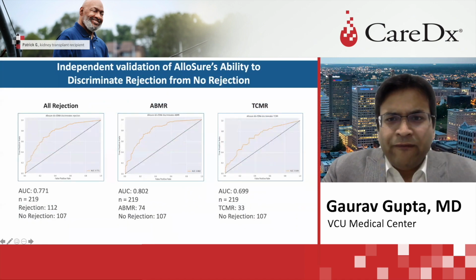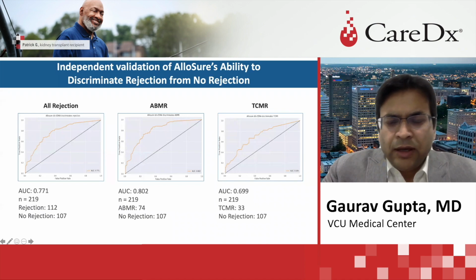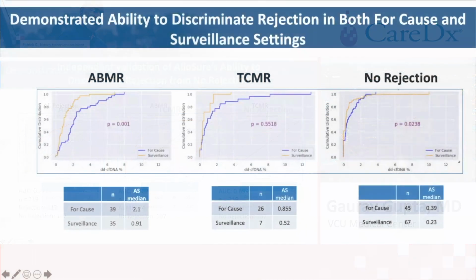So here we validate the findings of the previously published DART study and report that the findings were fairly similar. The AUC curve for all rejection episodes here was 0.77, and this was slightly higher for ABMR and slightly lower for TCMR, similar to the DART study. But what's new now is that we can report that even among surveillance biopsies, AlloSure is able to predict rejection.